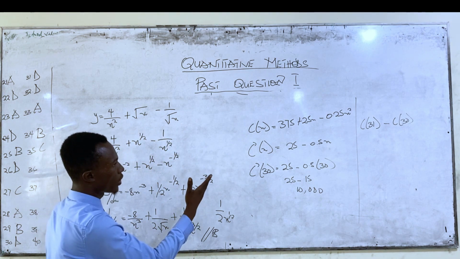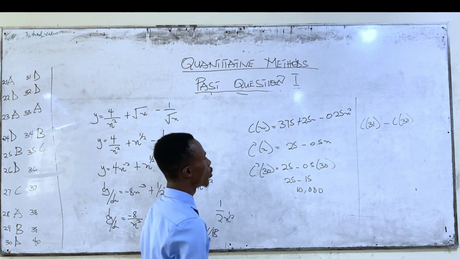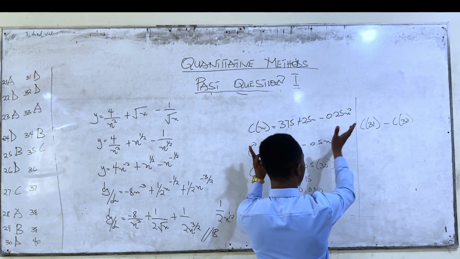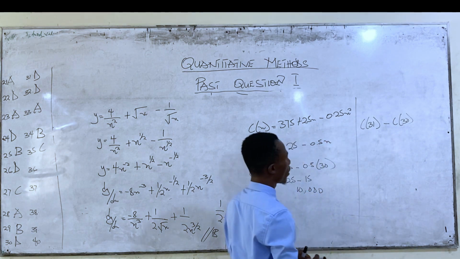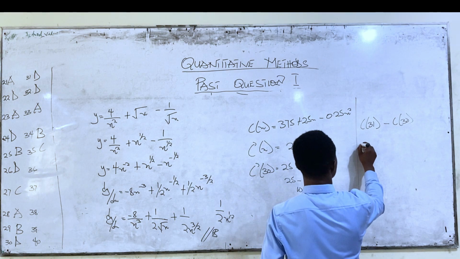This is the total cost function, and all that we need to do is insert 31 here, solve it, and subtract the cost of 30.